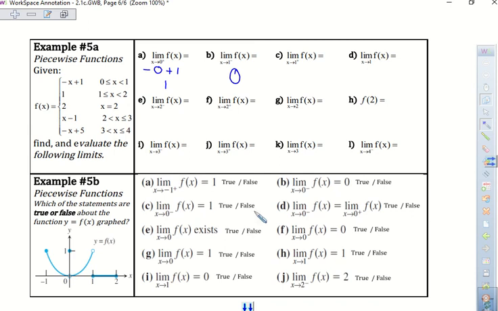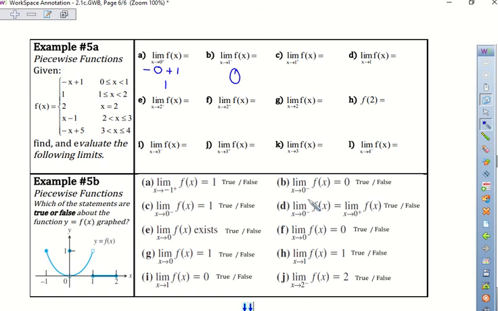But had you not done it that way, you would have plugged it into this equation. And the reason you would have plugged into that equation as opposed to the second one, even though it says x is equal to possibly 1 versus this one that doesn't have the equal to, is that we're looking at it from the left side, and that interval comes first and includes 1. Because remember, evaluating limits is not the same as evaluating functions at a point.